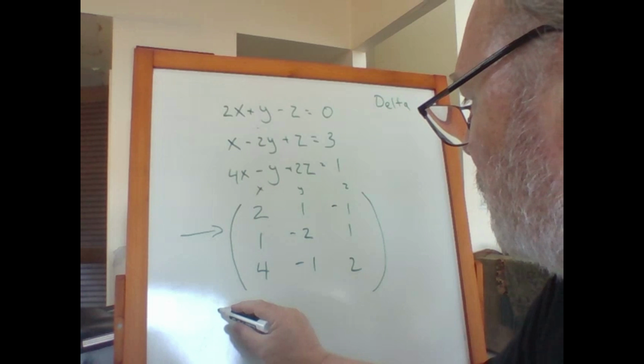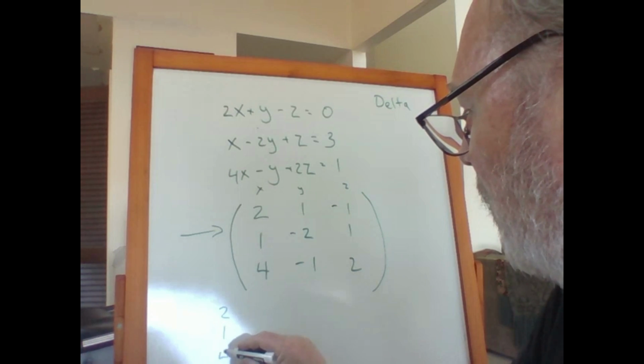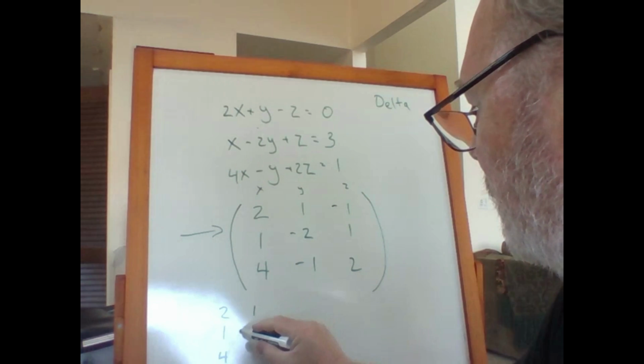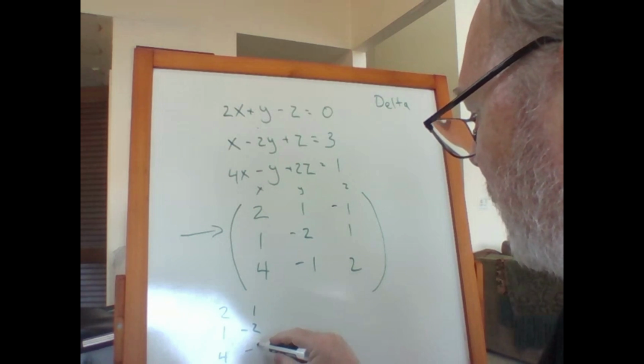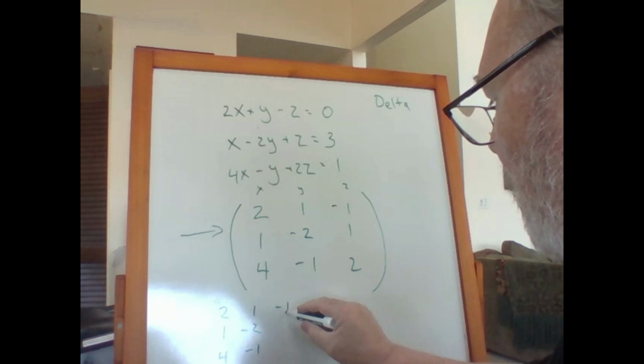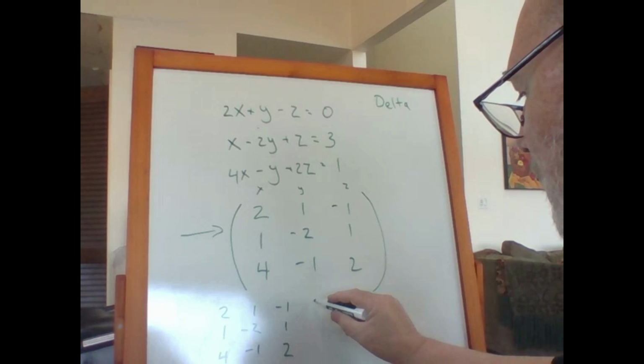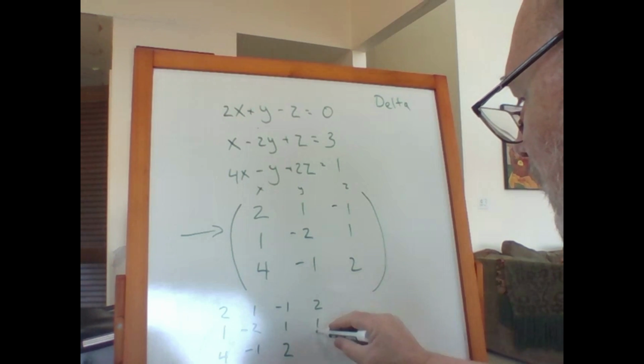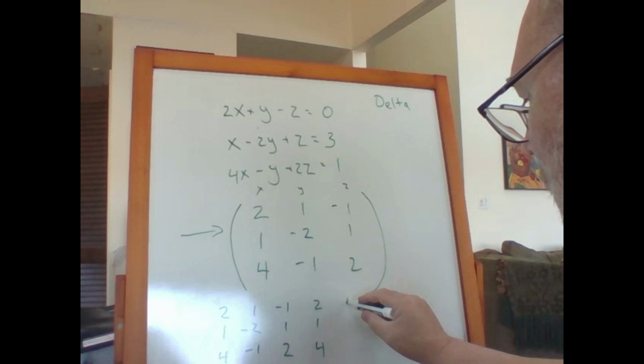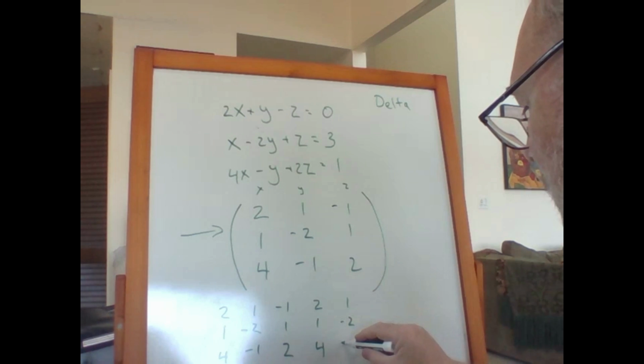So we have 2. We write this: 2, 1, 4, 1, negative 2, minus 1, minus 1, 1, 2. And then we rewrite the first two columns again: 2, 1, 4, 1, minus 2, minus 1.